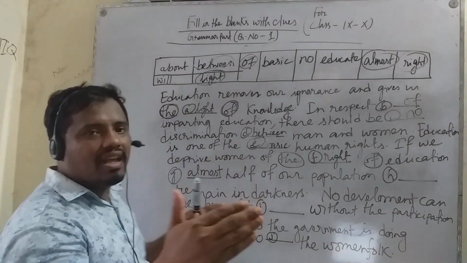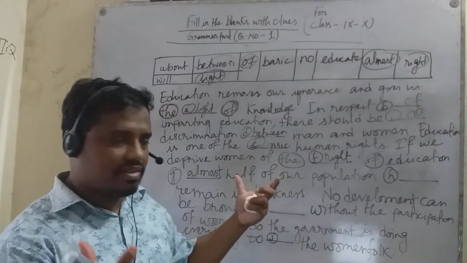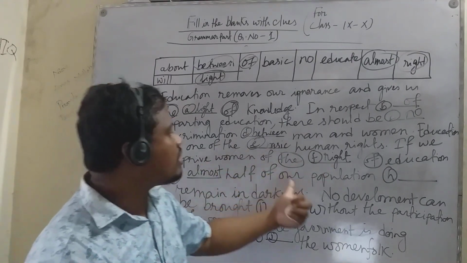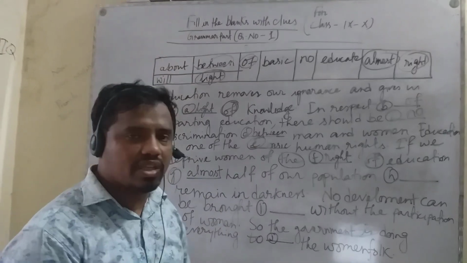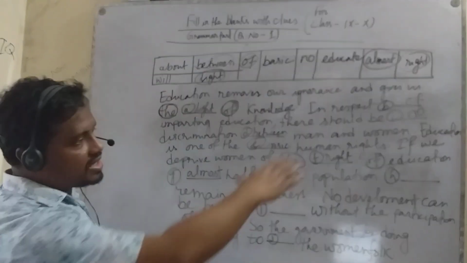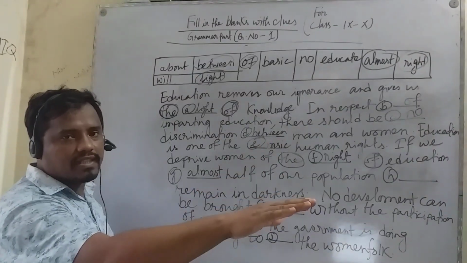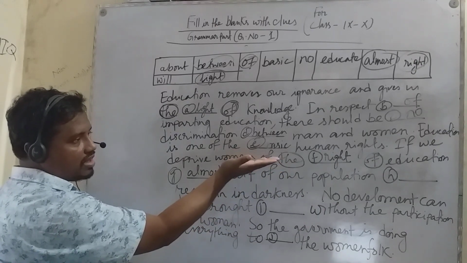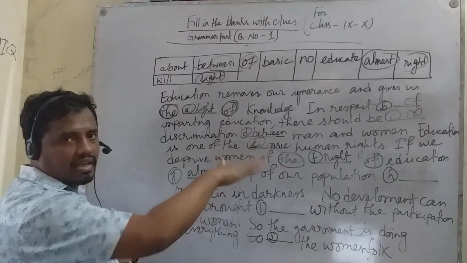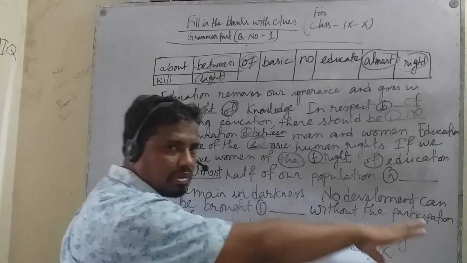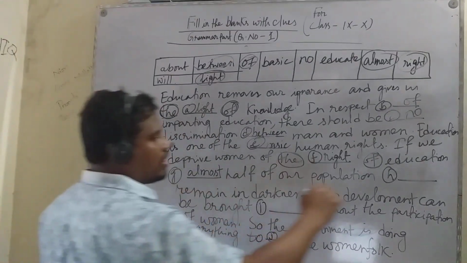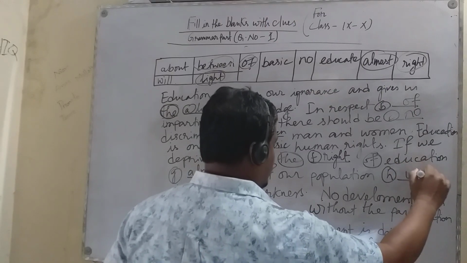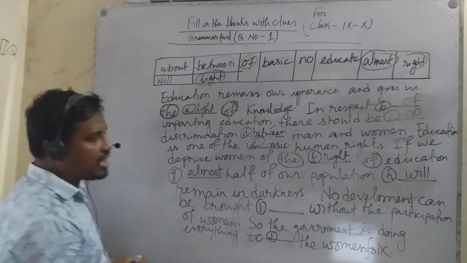And it's a conditional sentence. It's a first conditional sentence, and the structure of the first conditional is if plus present tense, followed by a future or present tense. In that case you have to use will remain in darkness.